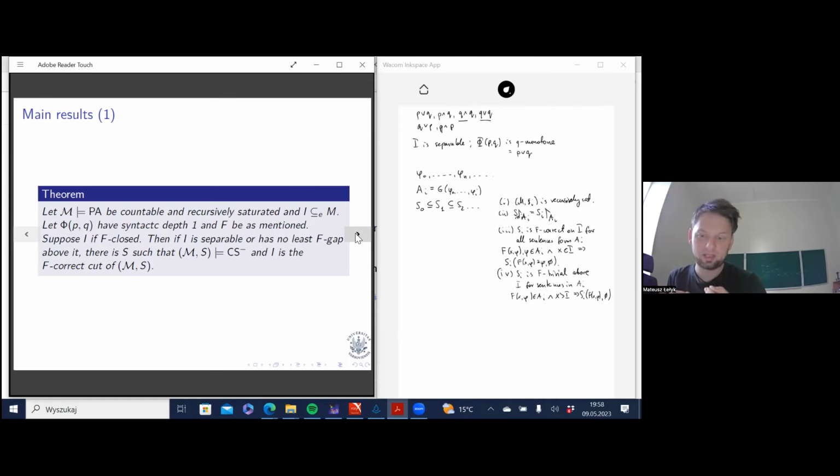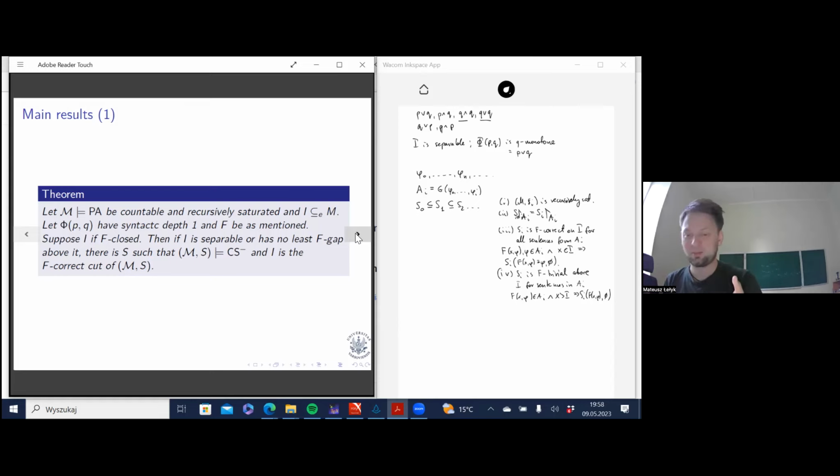If our template is simply P or Q, then this means that the ith satisfaction class will make all disjunctions of 0 equals 1s of length x, when x is above I, so that the disjunction belongs to A_i, true.